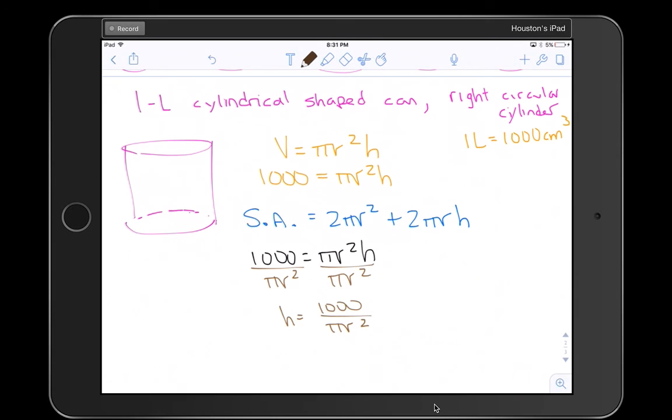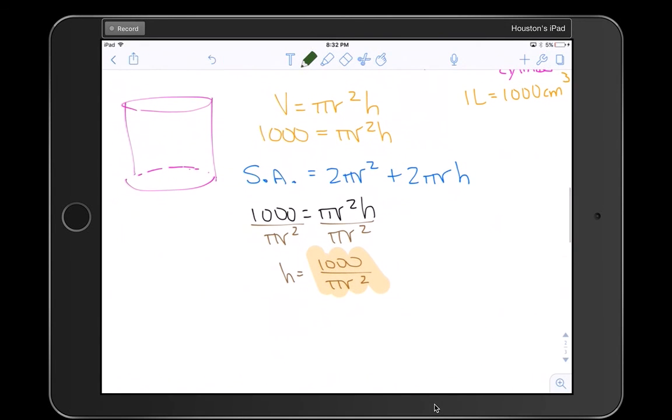So that means that anywhere in my blue surface area equation that I see an h, I can substitute in 1,000 divided by pi r squared. So let's go ahead and do that and check out what the equation looks like.